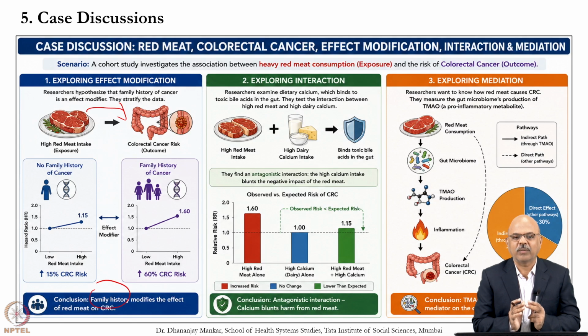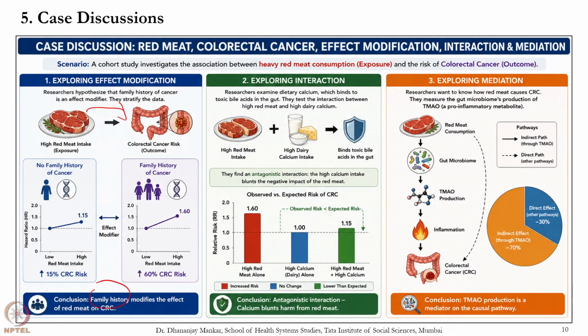The high calcium intake blunts the negative impact of the red meat. So the conclusion is an antagonist interaction: calcium blunts harm from red meat. So you may find that high red meat alone is an increased risk in large proportion, versus high calcium alone has been seen to reduce it. Okay.